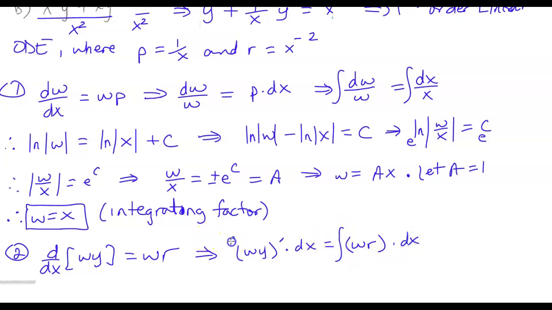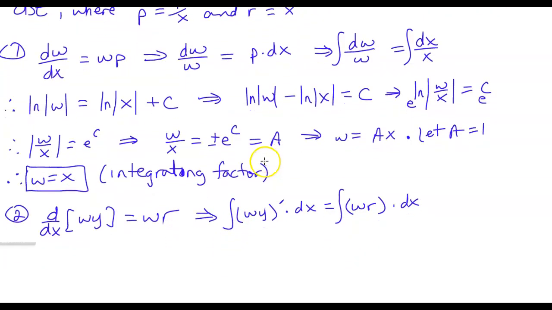And then you integrate both sides. And of course, from here, our left side will just end up being w times y. The right side here will be the integral of wr times dx plus some integration constant.